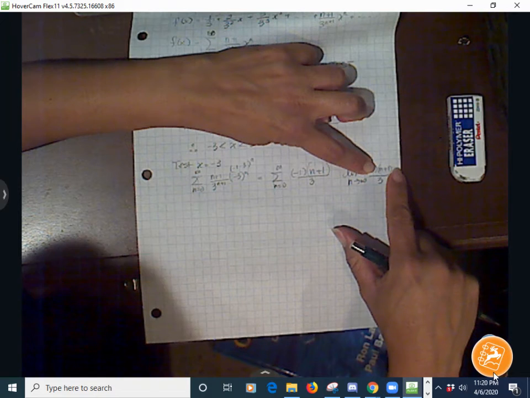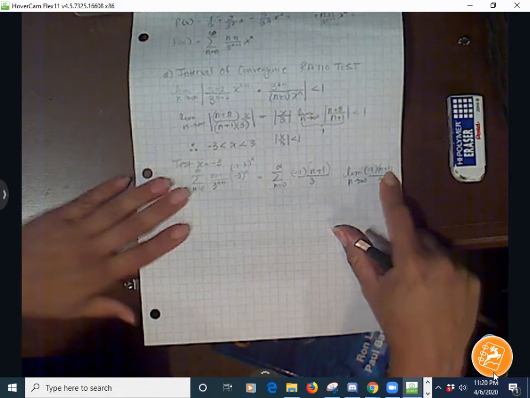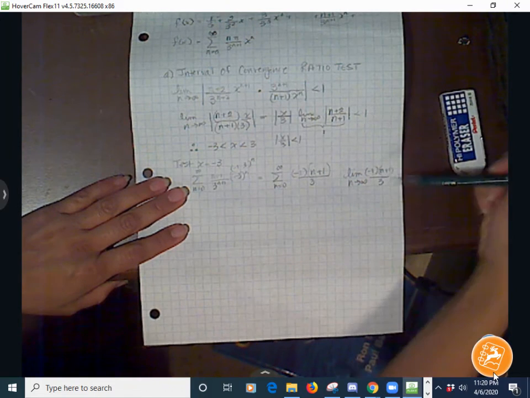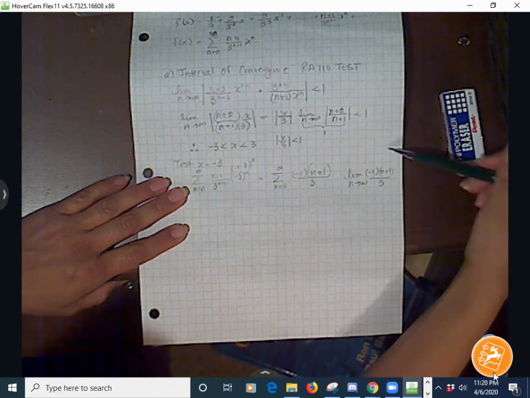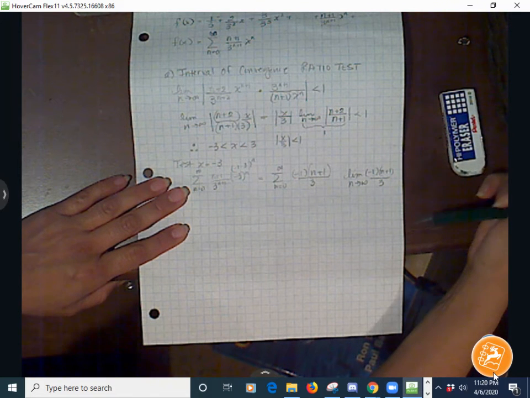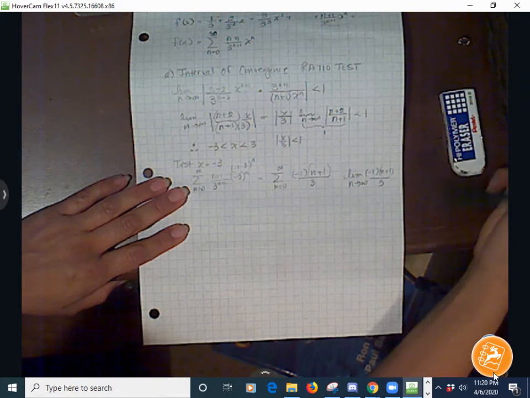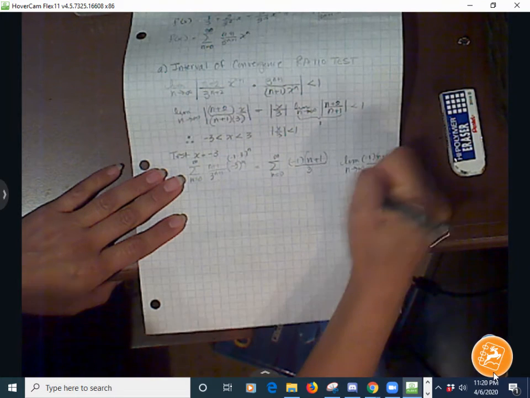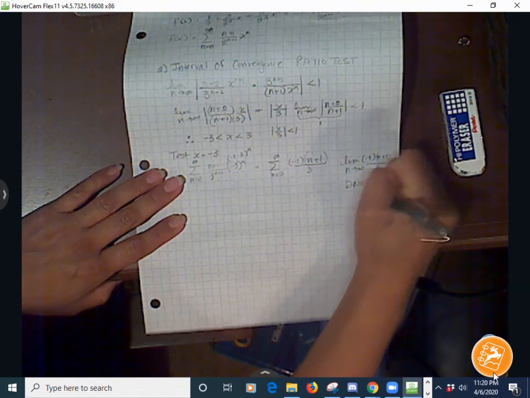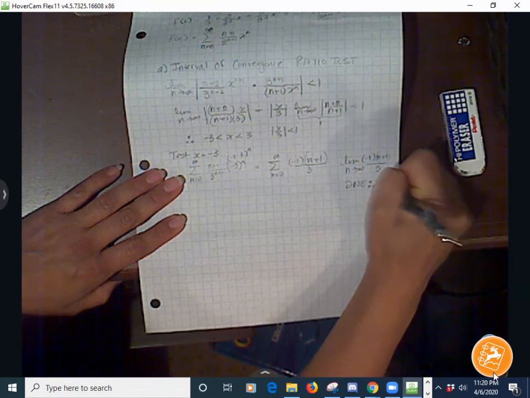This is going to go off to infinity. Now that I have this negative 1, it's going to go to positive and negative values. And they are going to get increasingly large. Positive, negative, positive, negative. And so you can see that the limit does not exist, therefore diverges.